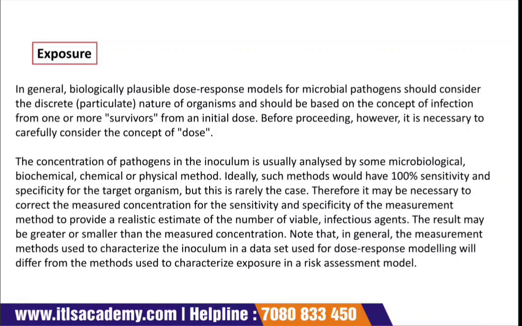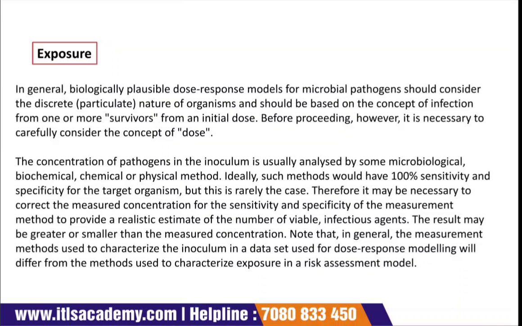So the concentration of pathogen in the inoculum is usually analyzed by some microbiological, biochemical, chemical or physical method. Ideally, such a method would have 100% sensitivity and specificity for the target organism. But if you see, it is very rare.